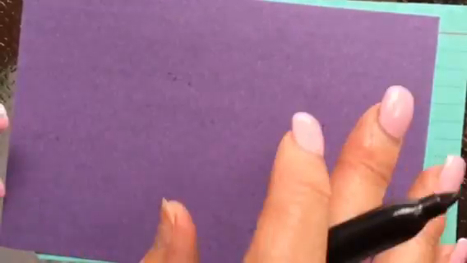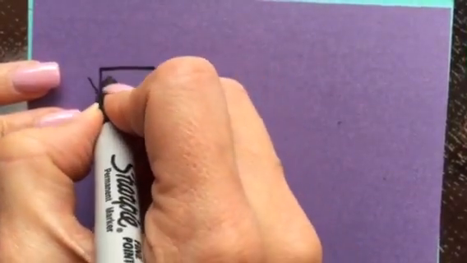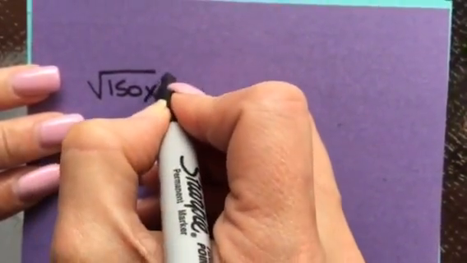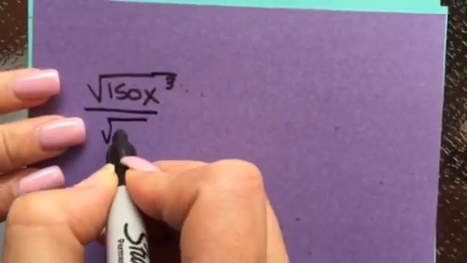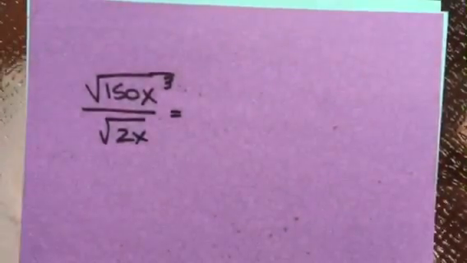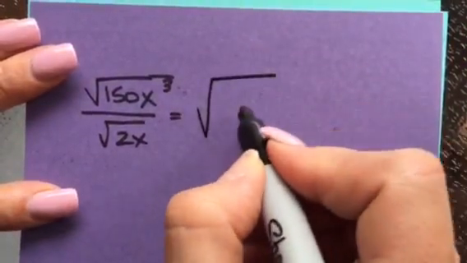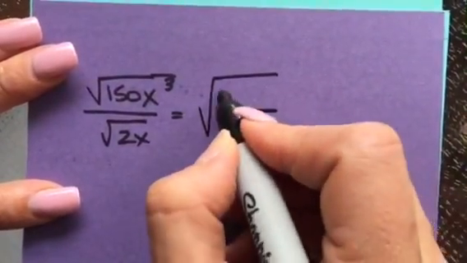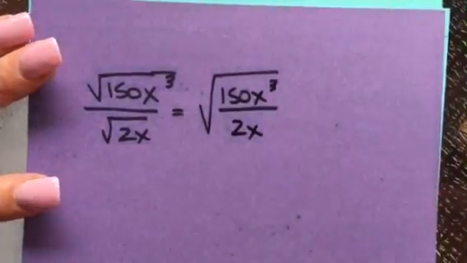The last example we've got for simplification looks like this. The square root of 150 x cubed, all divided by the square root of 2x. Well, we see that this is a quotient, so let's see what it looks like if we put it all under the radical and it's just a fraction. 150x cubed divided by 2x.